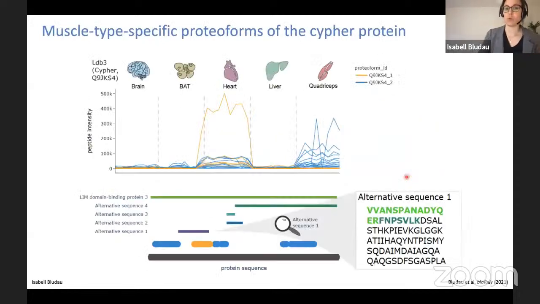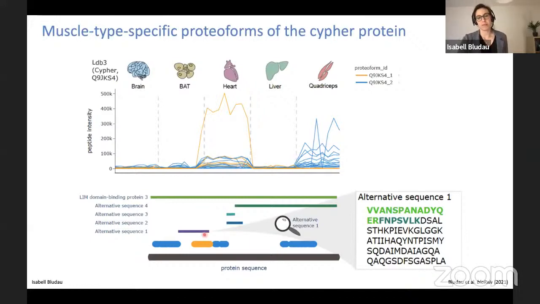I just want to show one quick example, of the Cipher protein, and here again you see all of the peptides of the protein and the two proteoforms that COPF detected in orange and blue. What you can see is that, first of all, the protein is very muscle specific. It's only expressed in heart and quadriceps tissue, and the orange peptides are only observed in the heart.